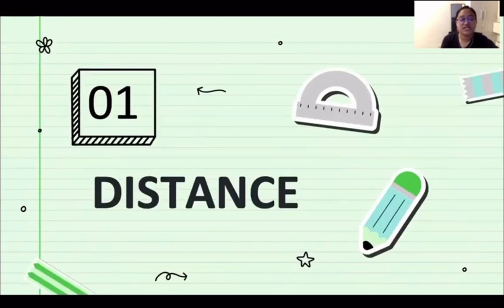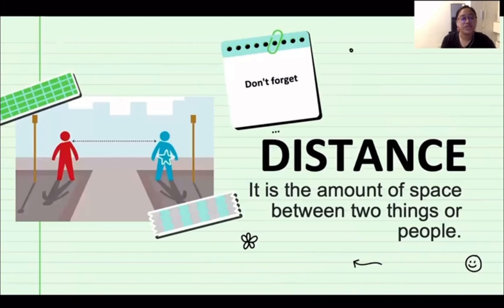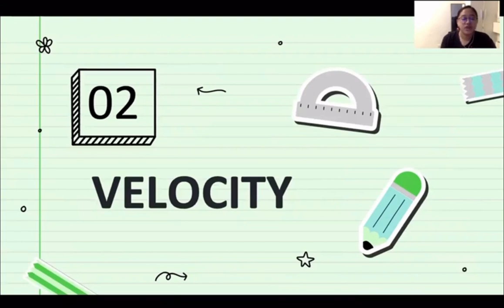Starting with distance, it is the amount of space between two things or people. It can also be defined as the total movement of an object without any regard to direction. From the definition, we can identify that distance is a scalar quantity. Next term is velocity.